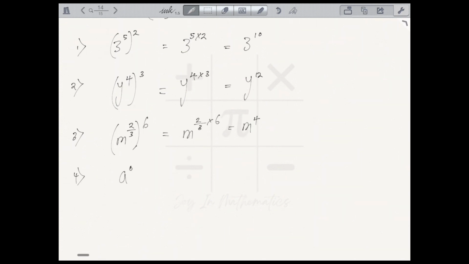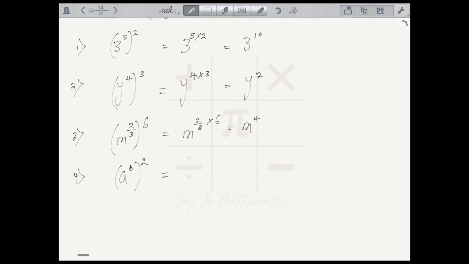Let's take some more. a raised to the power of 0, all raised to the power of 2. As it is, we know that a raised to the power of 0 is 1. We can solve this in 2 ways. Mathematics is not one direction, it's multi-directional. We can solve it in many ways.